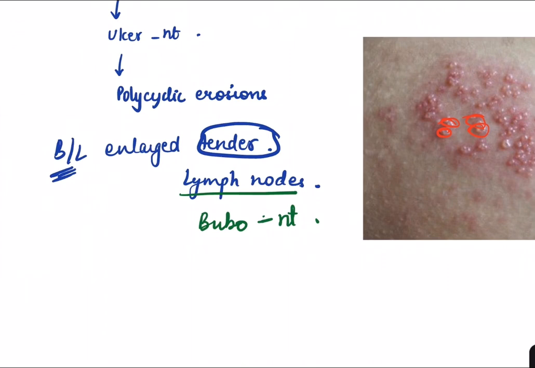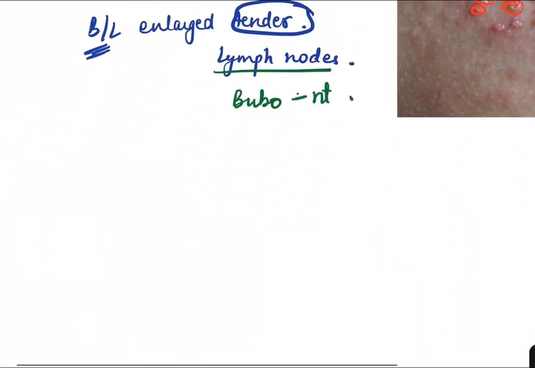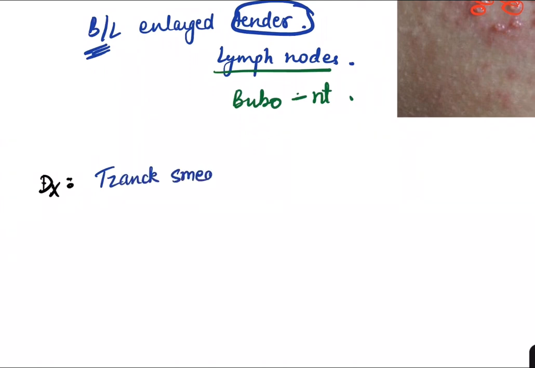Please remember these points. And for the diagnosis, as we all know from microbiology, for the diagnosis of HSV we have to do Tzanck smear test. Tzanck smear test is done for HSV. And for herpes, what is the characteristic finding?